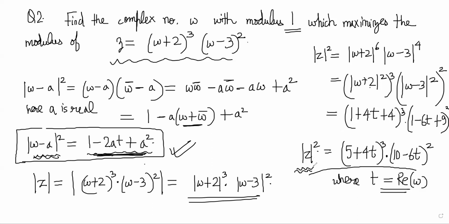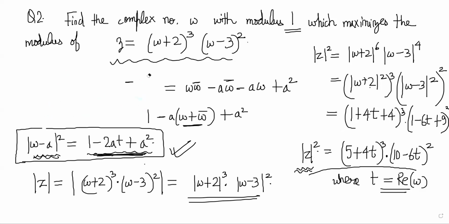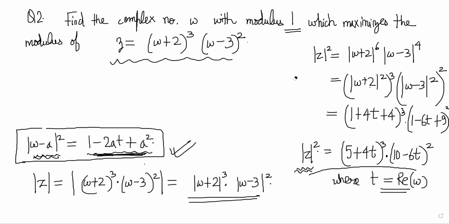If you want to maximize this value, let's try to think of what we can do. So our goal is to maximize 5 plus 4t whole cube times 10 minus 6t whole square.